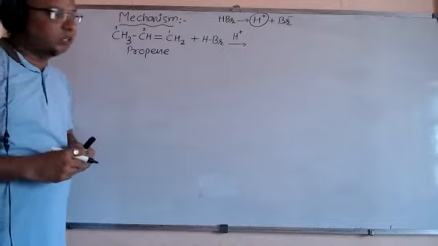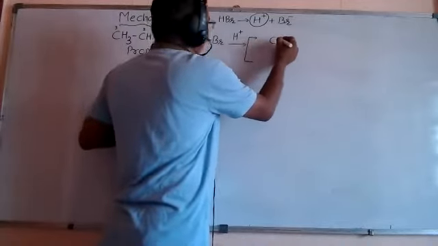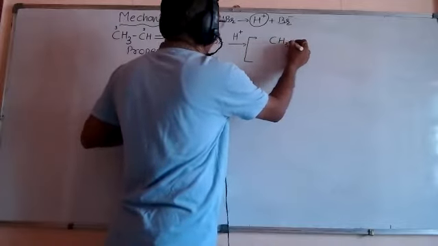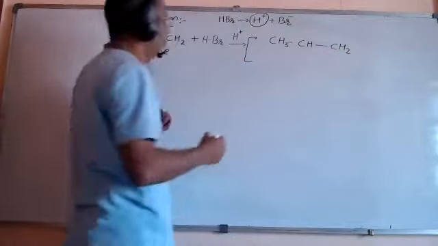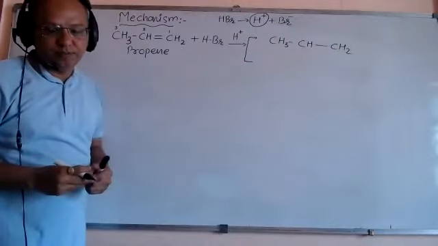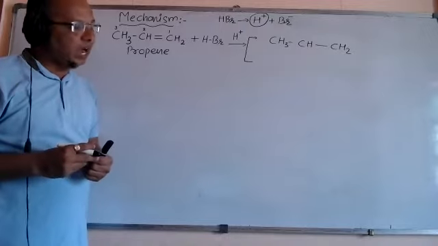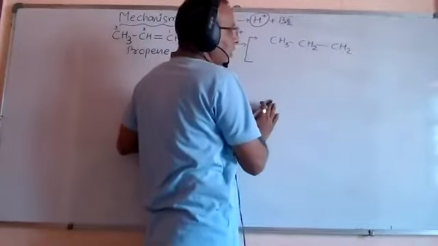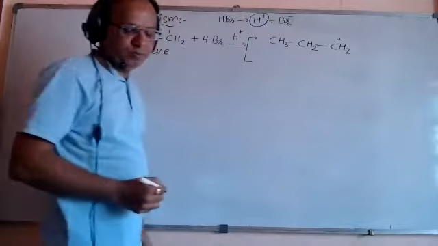And friends, there are two options available. For example, this is the first carbon, the double bond is to be broken down into a single bond. If hydrogen is added to the second carbon, in that case, here this will be positive.